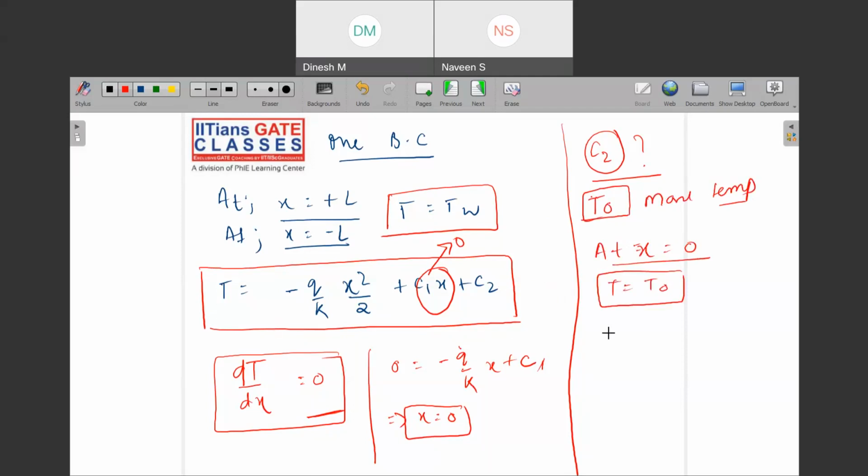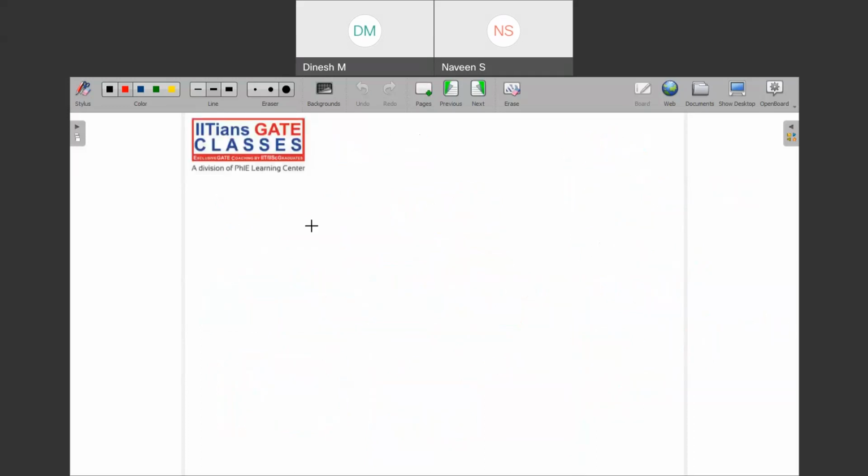Now if I put T is equal to T naught into this equation, this is minus of Q upon K into 0 square by 2 plus C1, which is already 0, plus C2. So C2 is a unique constant, and the C2 value is T naught only. So now if I wish to write down my temperature variation, then T is equal to minus of Q dot upon K into x square by 2 plus T naught.